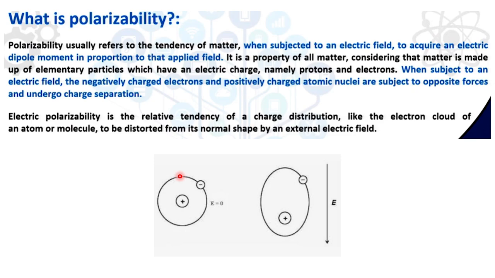Now, electric polarizability is the relative tendency of a charge distribution, like the electron cloud. Since we know that electron is not a particle, it has the wave nature, and we cannot determine the fixed position of an electron. That's why it is a cloud of an atom to be distorted from its normal shape when it is under an external electric field.